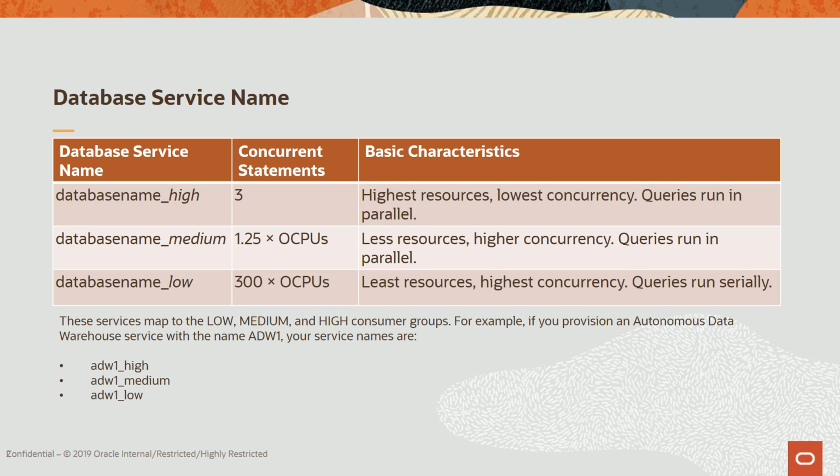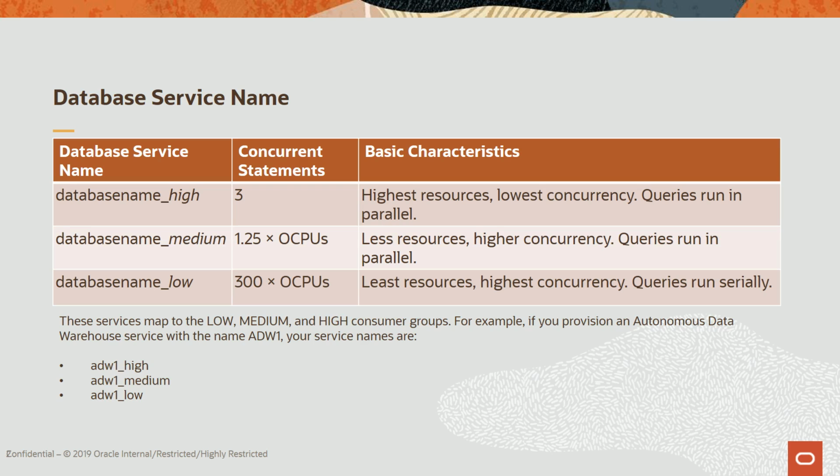The number of concurrent SQL statements that can be run in this service is only 3. This number is independent of the number of OCPUs in your database. So it means that if you provision your database with 3 OCPU or 6 OCPU or 16 OCPU, the number of SQL statements is just a maximum of 3.